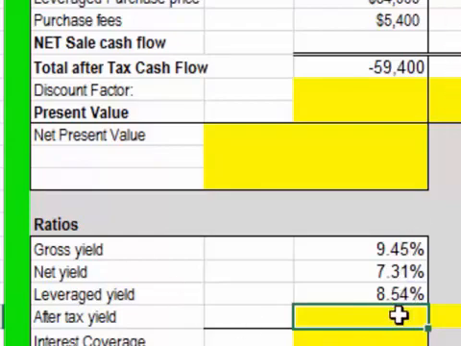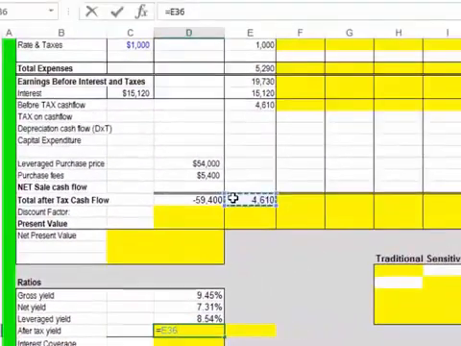We're going to use, in this case, and I'll start the equation, the total after-tax cash flow as the net operating income amount that we're going to be using here for this yield. We're going to divide that. I'll have to use a negative sign here to keep the conventions working properly. We're going to divide that by the net acquisition cost, and we're going to include here the purchase fees, because this is looking at the financial investment as it really is, taking into account every element that's got to do with the capital acquisition, which certainly includes the purchase fees.